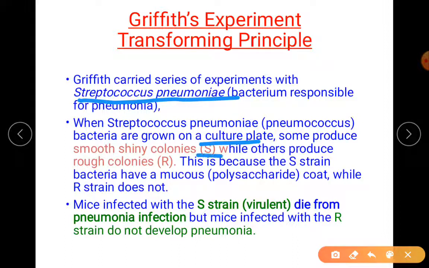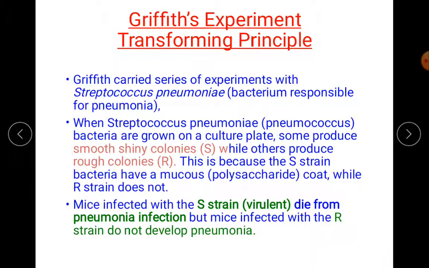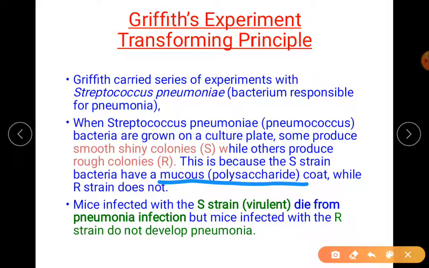One was the S strain, or S cells, which form colonies with a smooth, shiny surface. And there was one more strain, the R strain, whose colonies have a rough surface. It is based on the polysaccharide or mucus coat. S had a capsule, whereas R did not.